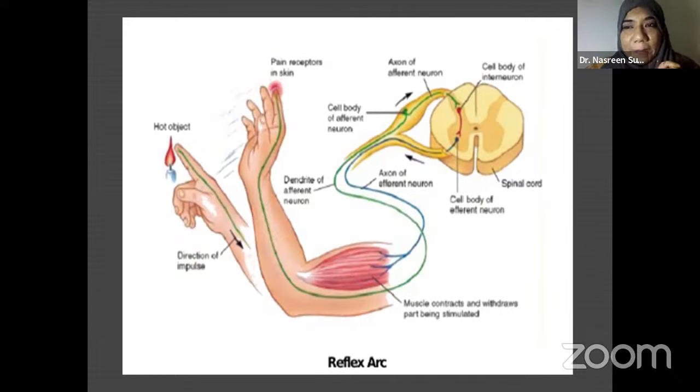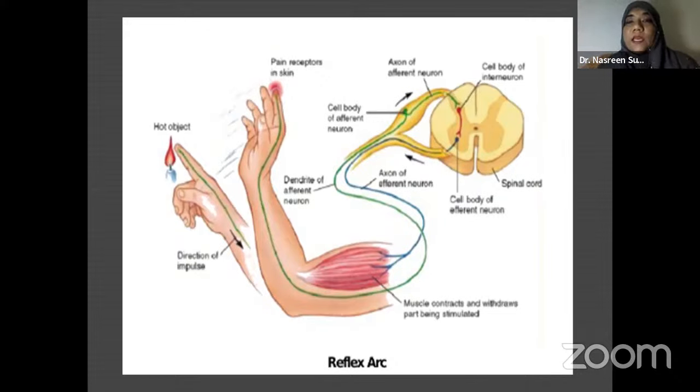Sensory is the one which is going to carry the information from the organ towards the CNS, maybe brain or the spinal cord.